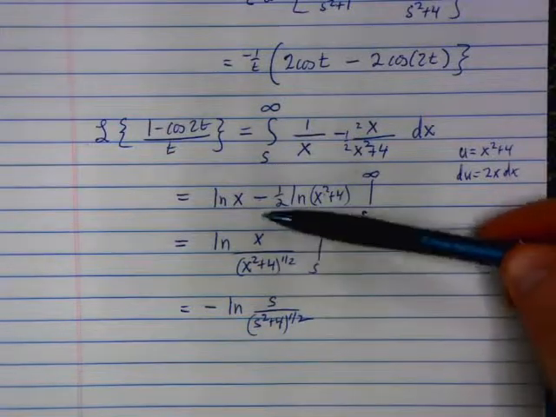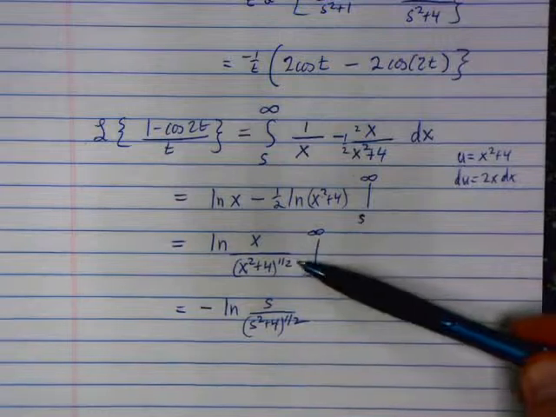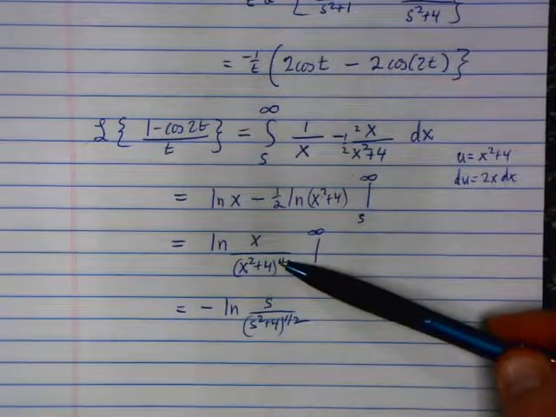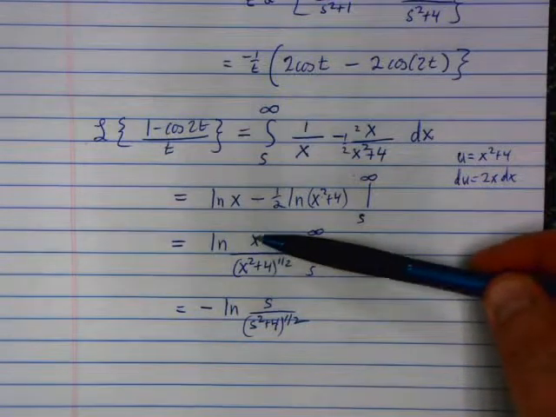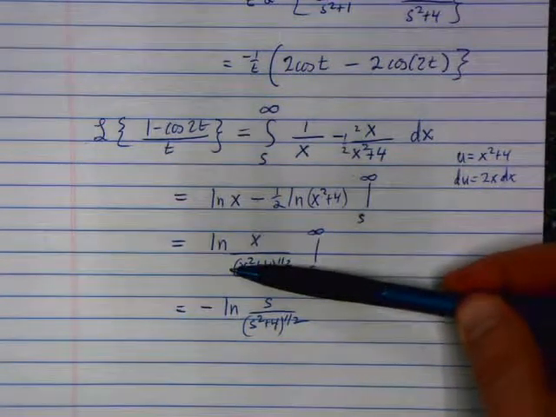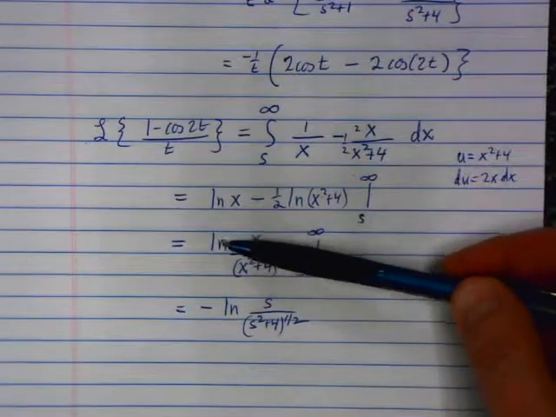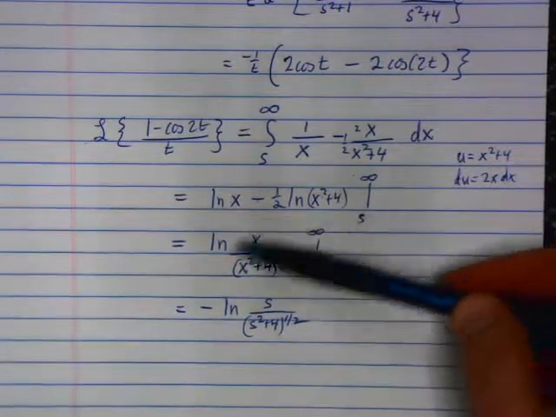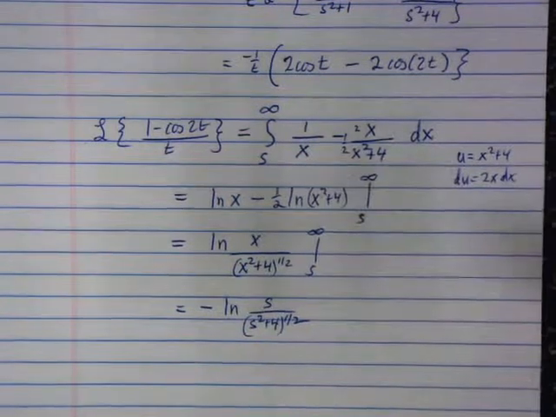But if you check your powers, you have power 1 on top, and here you have an x squared, but you also have a square root, so you have power 1 on bottom also. Since the power on top and bottom are the same, you look at the leading coefficients, which is 1 over 1, which is 1. And so, that's the limit. That's right. So the limit here is 1, and ln of 1 happens to be the number 0.